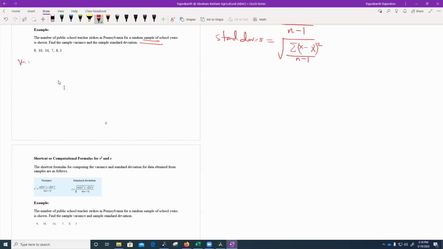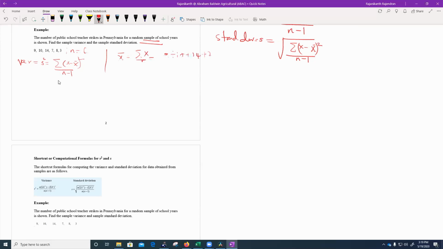The sample variance s squared is the summation of x minus x bar squared over n minus 1. Remember, little n, the sample size, is 6, there are 6 data values. Then you need to find x bar, the sample mean. Simply add all the data values, then divide by the number of data values.